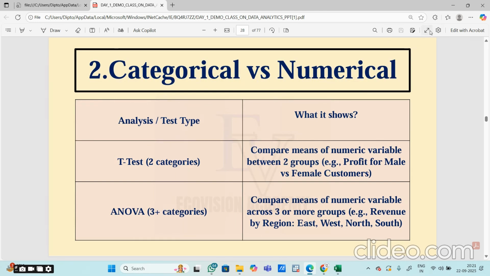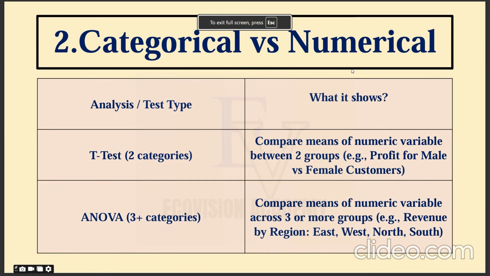If we have one variable as categorical and one variable as numerical, what are the statistical tests that we can perform? In the bivariate analysis section, what are the types of analysis that we can perform? We can perform t-test and we can perform ANOVA as well.